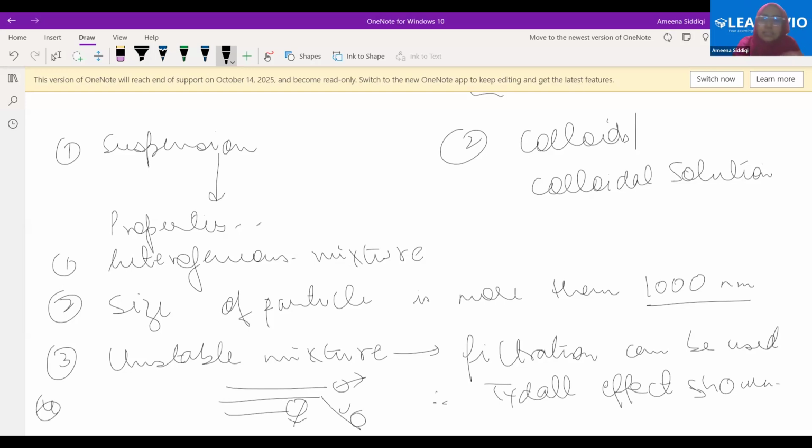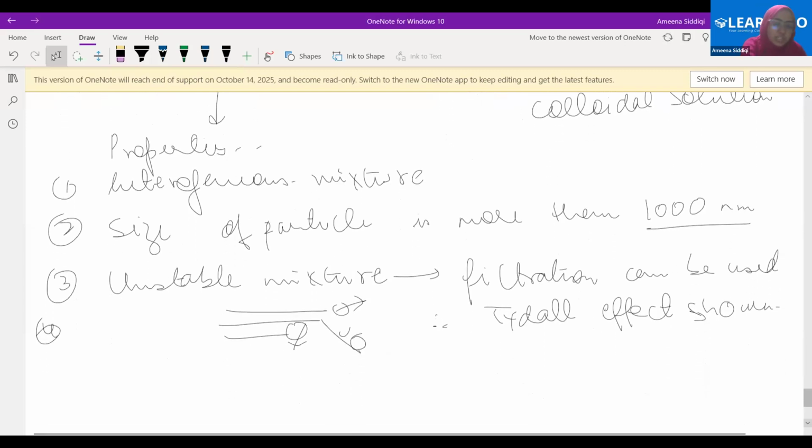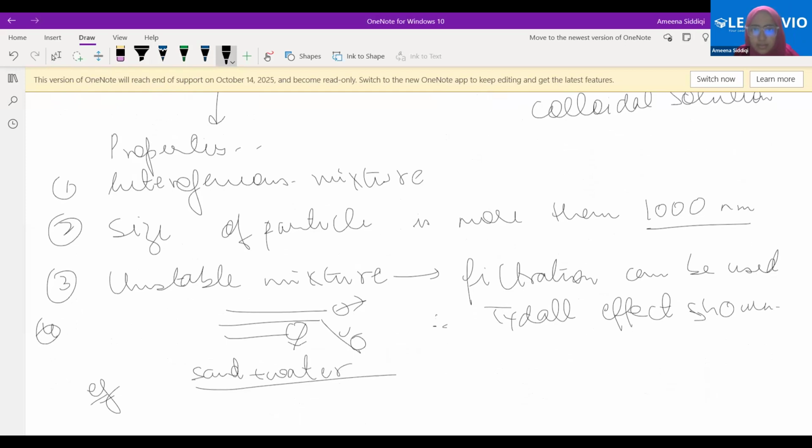We can clearly see the difference here. Why is this a heterogeneous mixture and why was solution a homogeneous mixture? Clear? And what is the example here? Very quickly, some examples of suspension. Salt and water. Water and oil.